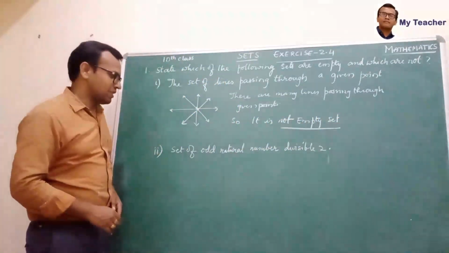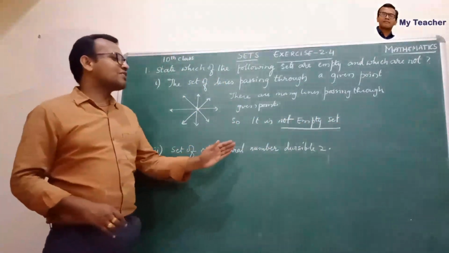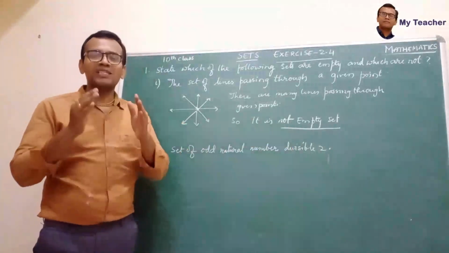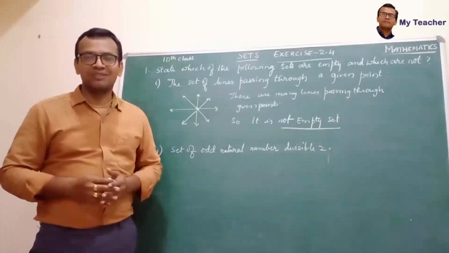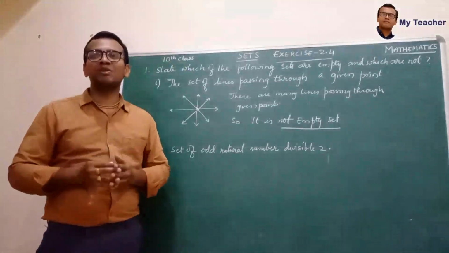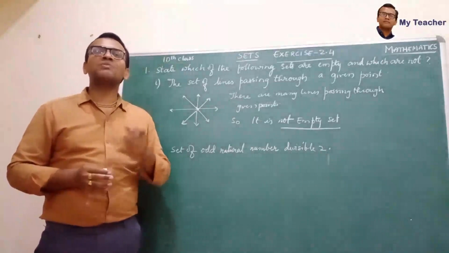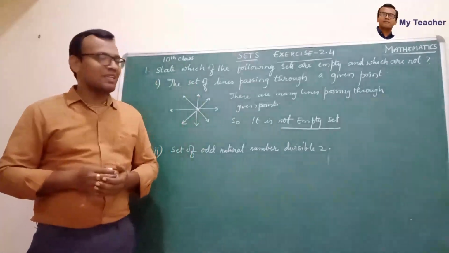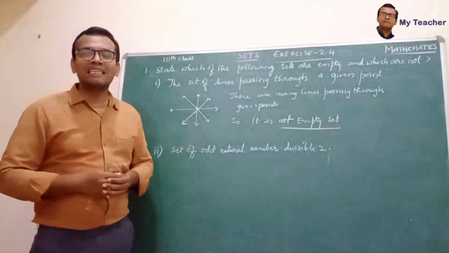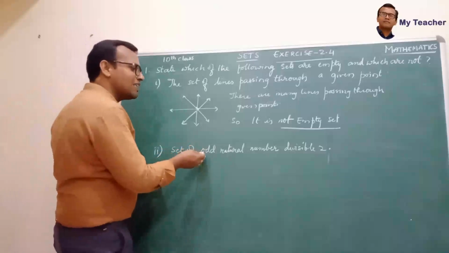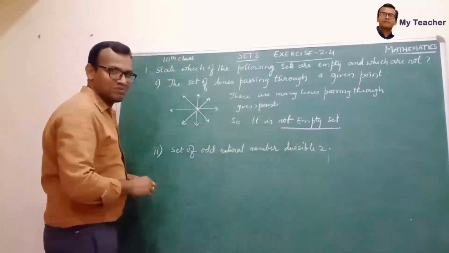Let's see the second one. Set of odd natural numbers divisible by 2. Children, what is the definition of an odd number? Yes, odd numbers are the numbers which are not divisible by 2, or the numbers which leave remainder 1 when divided by 2. So here the statement gives no element in the set because odd numbers are not divisible by 2, right?